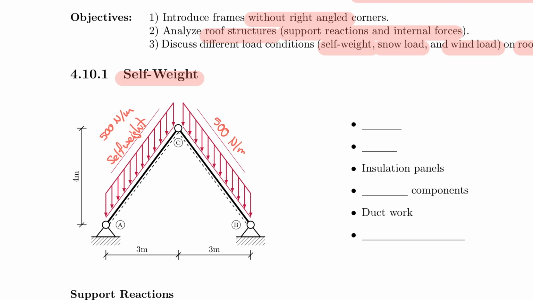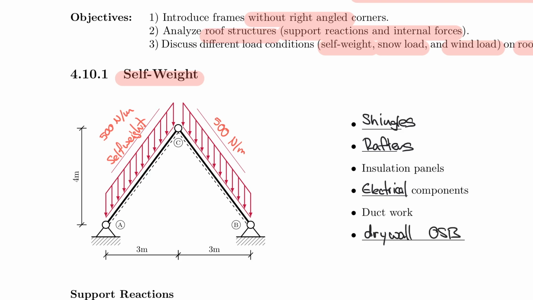In reality, this can be much heavier based on the weight of the shingles, for example. Or it could also be the rafters themselves, or insulation panels, electrical components, the ductwork, and then also the drywall that's usually hung, or OSB components.